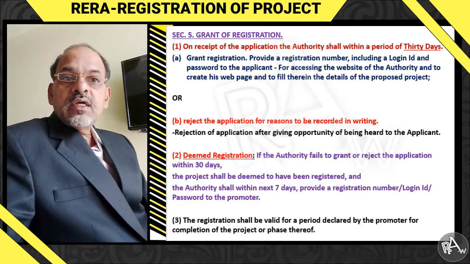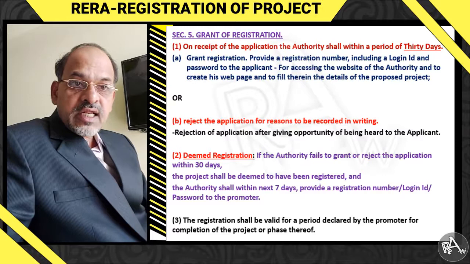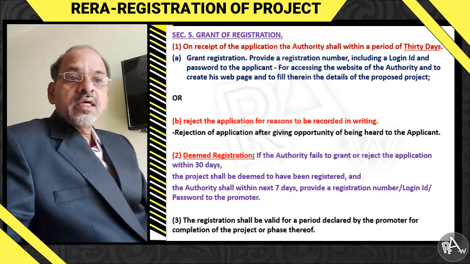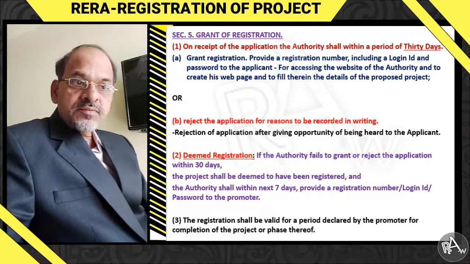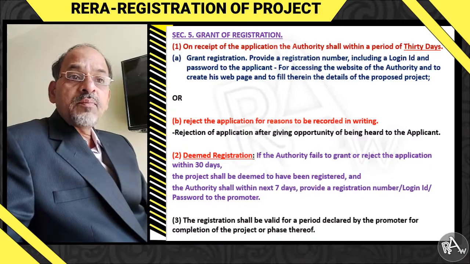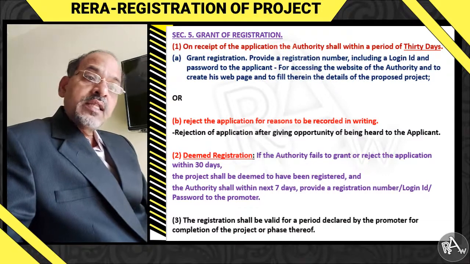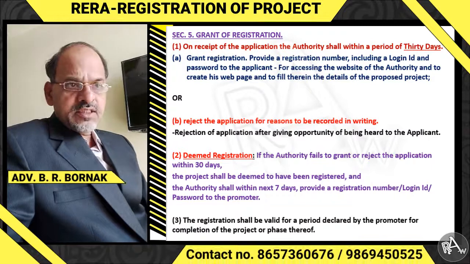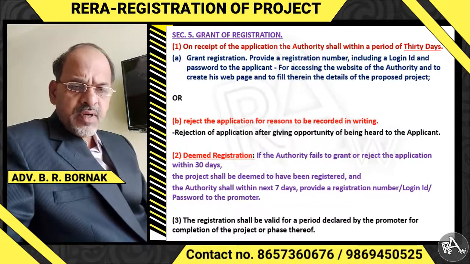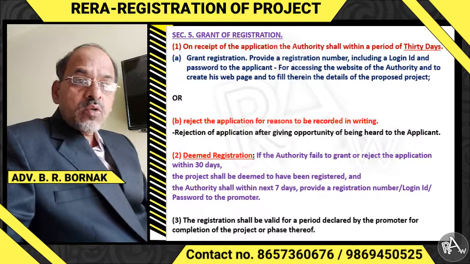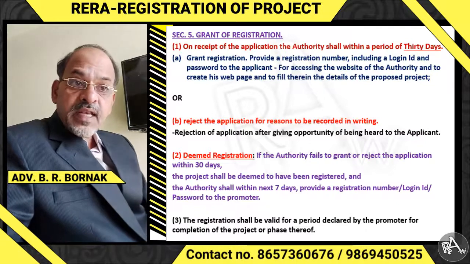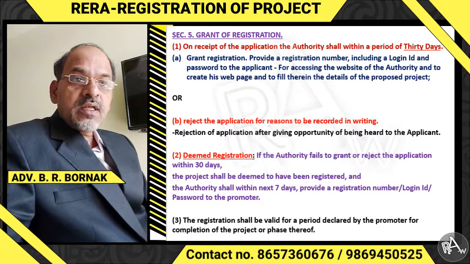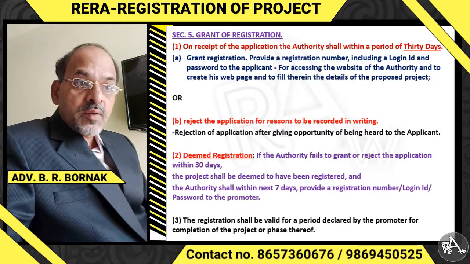Along with granting registration and giving a certificate of registration of the project, the RERA authority will provide a registration number and a login ID and password to the applicant so that the applicant can access the website of the RERA authority, because every promoter is required to create a separate web page for every project and to fill therein the details of the proposed project.